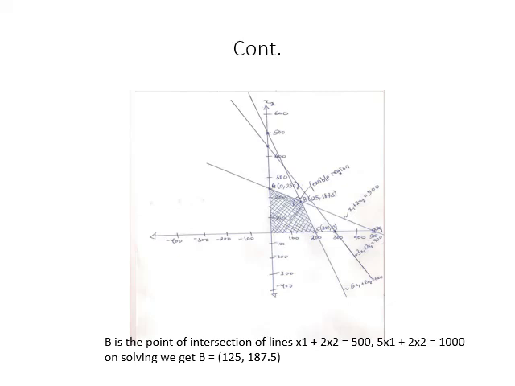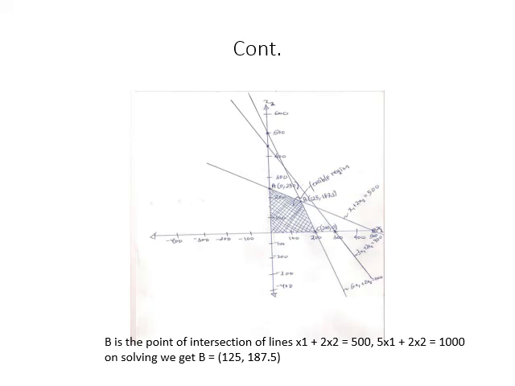A equals 0, 250 on the vertical axis. B is the intersection point; we need to solve two equations simultaneously.